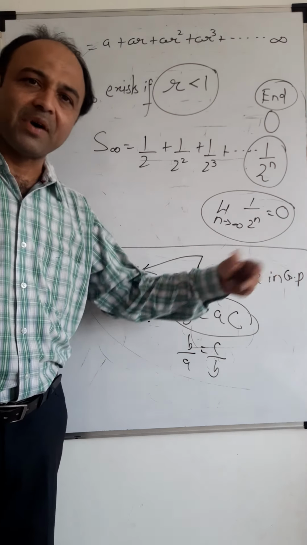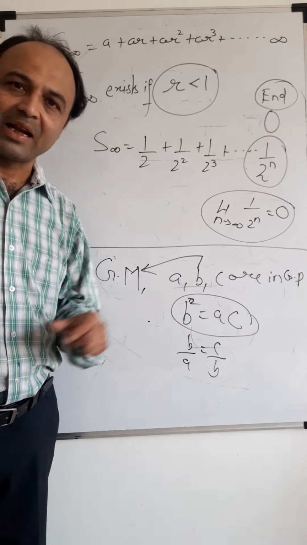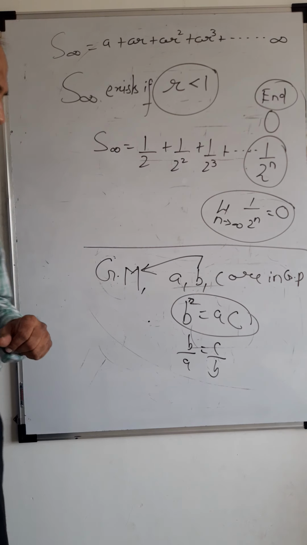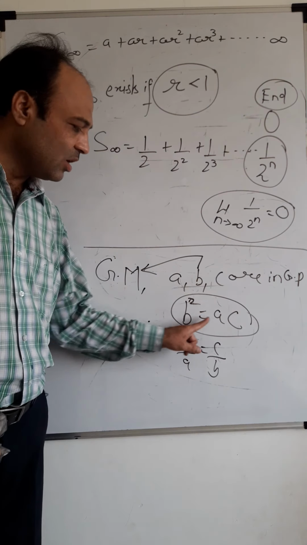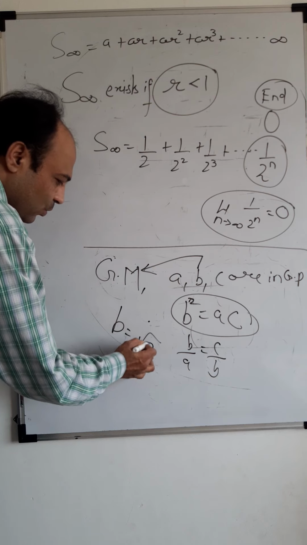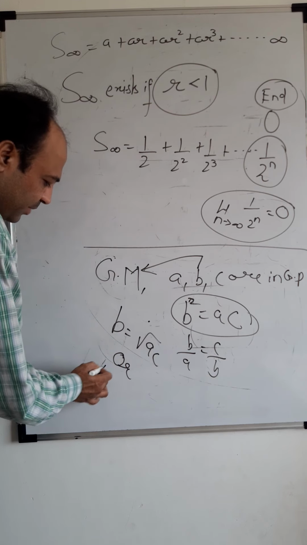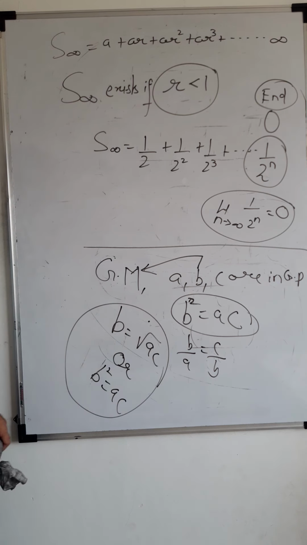Suppose A, B, C, D, E, F are in GP. We'll get all the GMs also, and GMs we can get, like you have seen in AM. Correct? So for A, B, C in GP, the geometric mean B is root AC, or B square equals AC. That is known as the geometric mean.